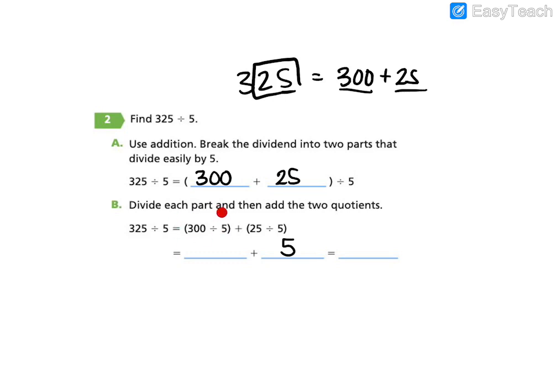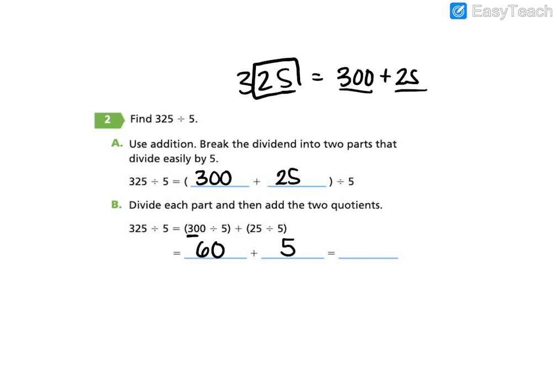So now let's work through how to do 300 divided by 5. What is our simple fact that we know that is close to 300 divided by 5? Well, I see that multiple of 30 right here. So I can think about 30 tens divided by 5. 30 tens divided by 5 is equal to 6 tens, or 60.